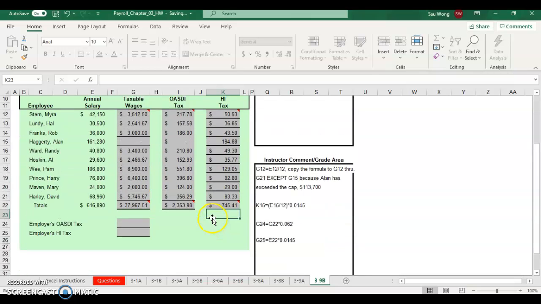So, and the employer OASDI would be the 37,967 and 51 cents. This G22 times the 6.2% equal G22 times 0.062.